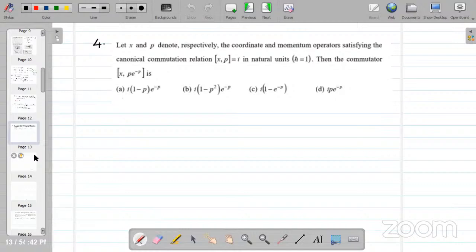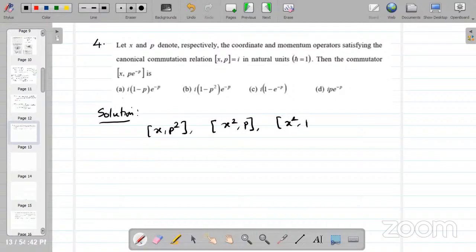Then they ask to find the commutator x comma p e power minus p. Usually in our normal course we do x comma p square, or x square comma p, or x square comma p square.